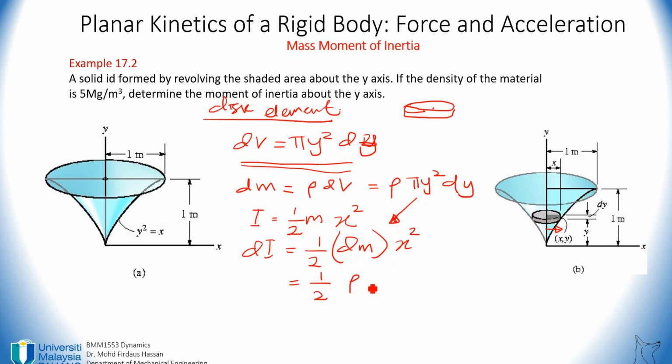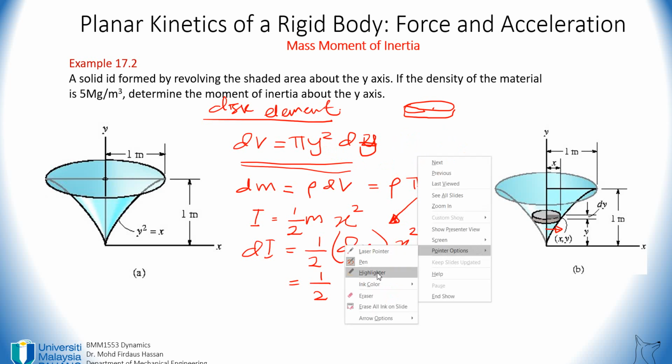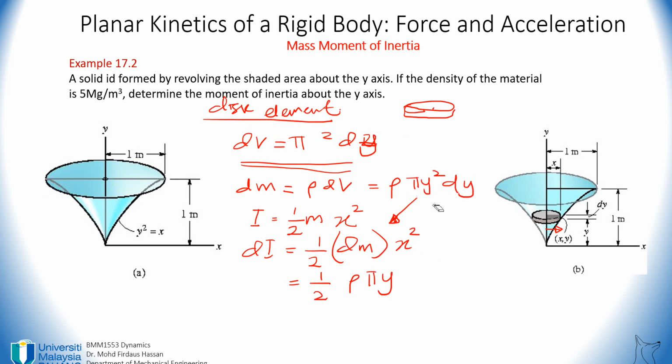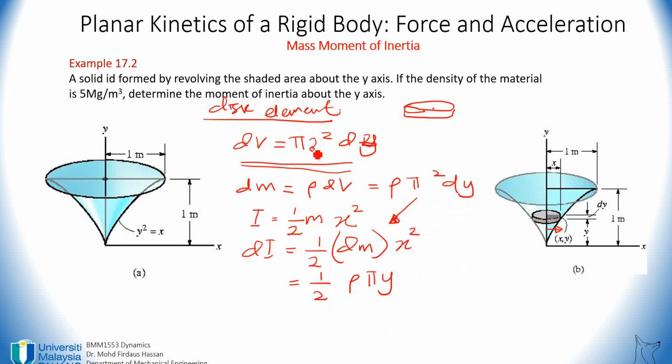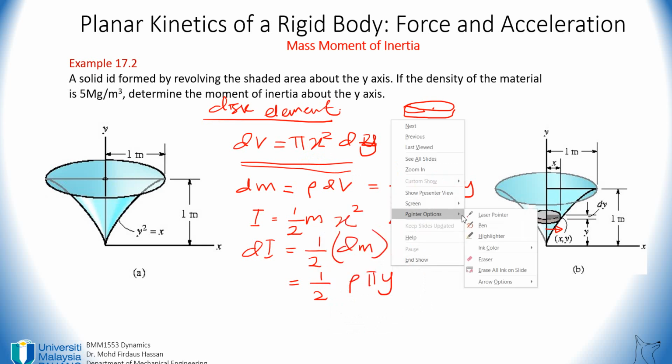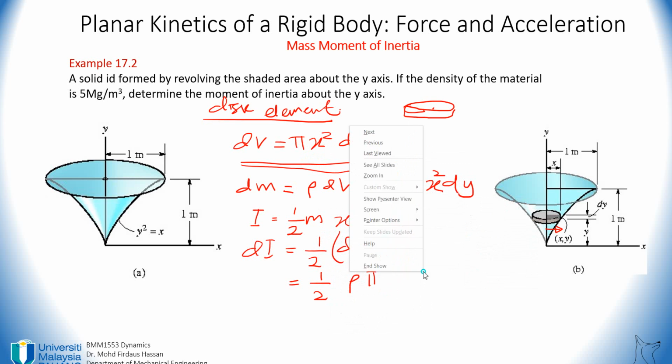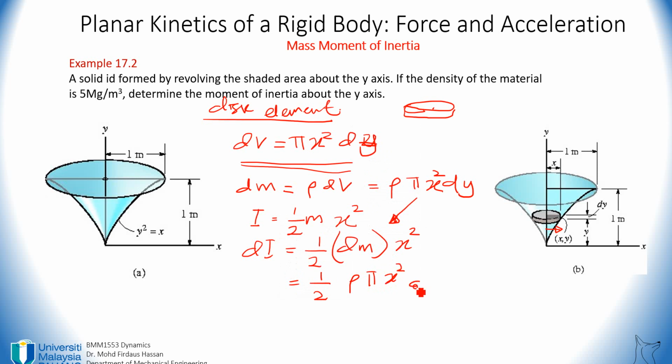And then we know that dm we can replace by this, which is equal to rho pi x squared dy. Sorry, this is not y basically, I made a mistake there. It is x squared dy, and don't forget this x squared again.